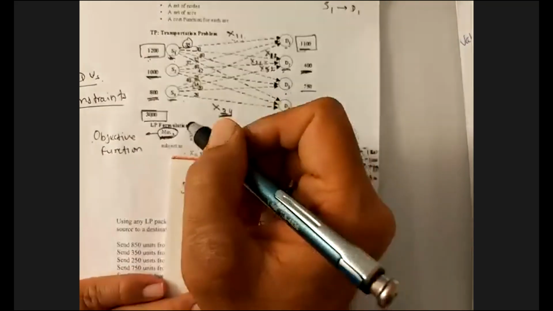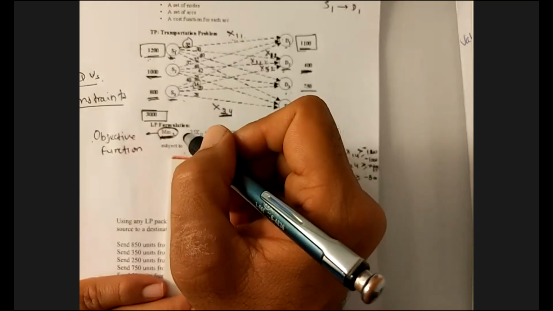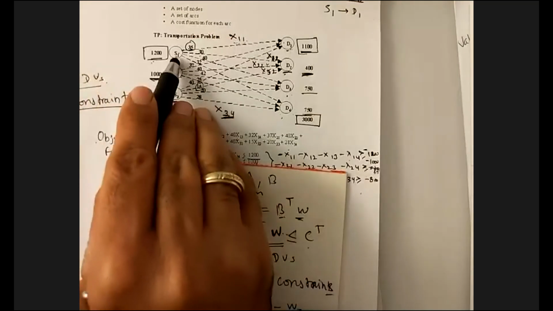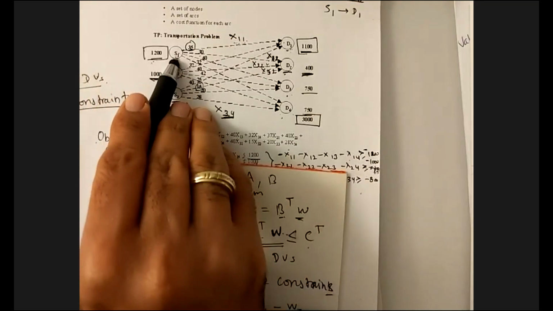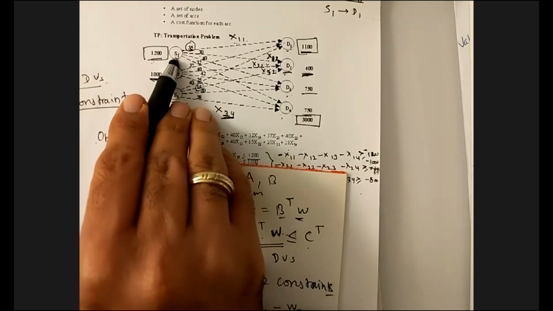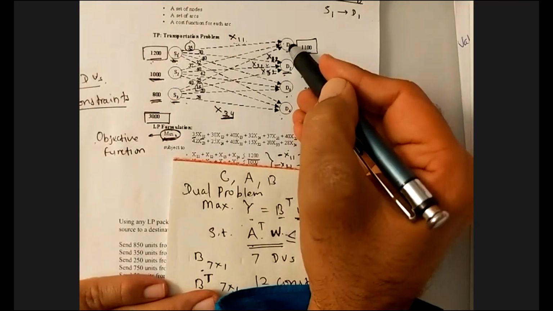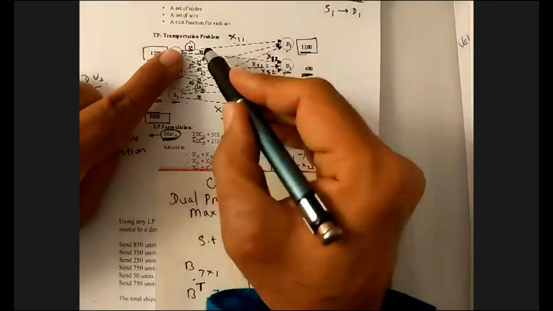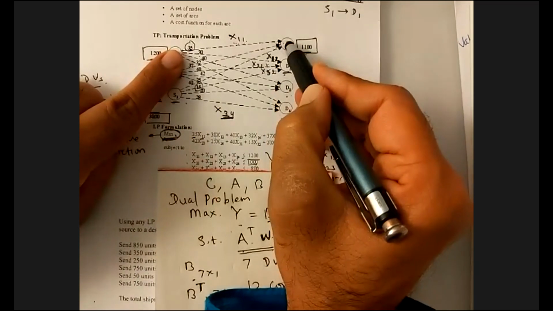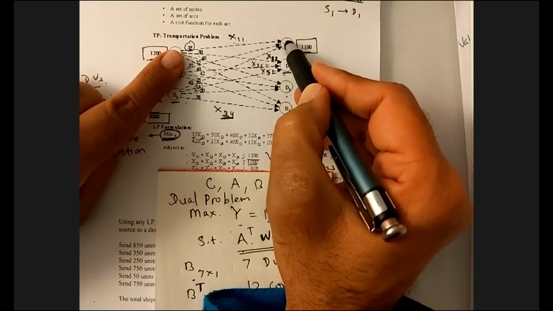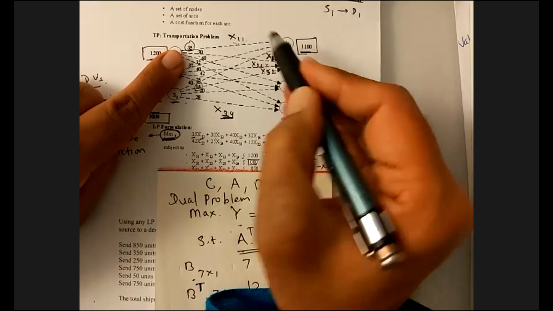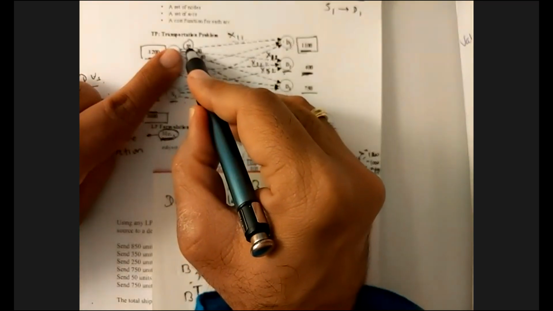And then your constraints are that whatever price you buy at here, and whatever price you sell at here, the difference in price cannot exceed the shipping cost on this link. Why can it not exceed?